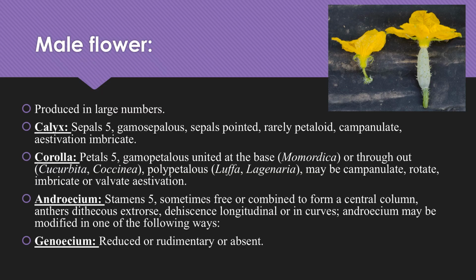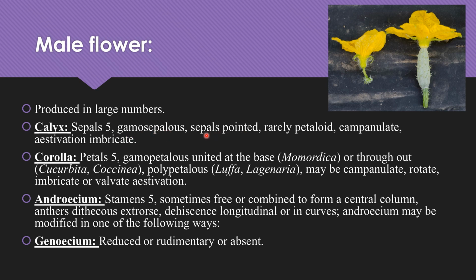Male flowers or the staminate flowers consist of androecium. They are incomplete flowers having calyx, corolla and androecium, and sometimes they have a reduced gynoecium or it is absent. Calyx is usually 5, and all are gamosepalous.